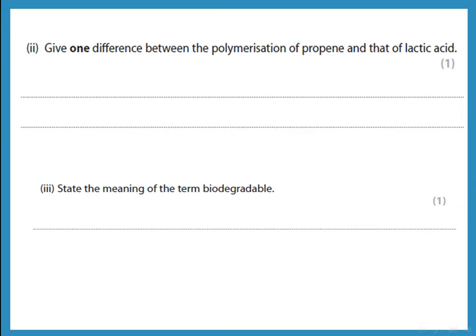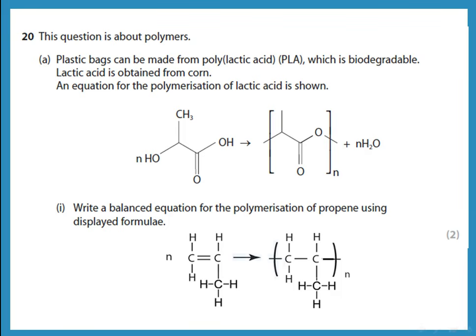Give one difference between polymerization of propene and that of lactic acid. So remember, lactic acid is the first one that he wrote for me, and we said this is condensation polymerization. And in condensation polymerization, when we join the monomers, we remove a molecule of water.